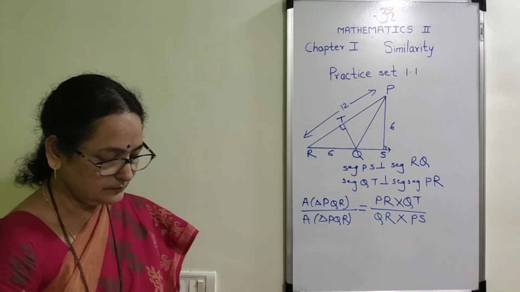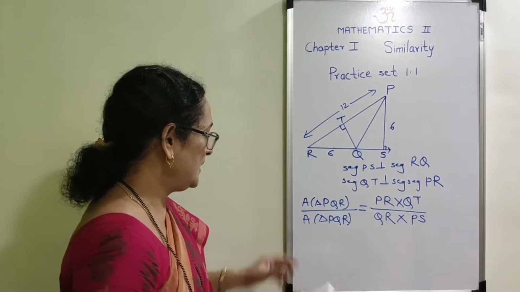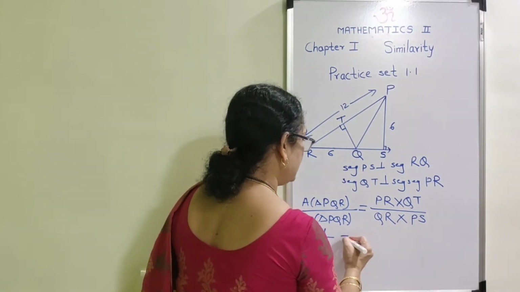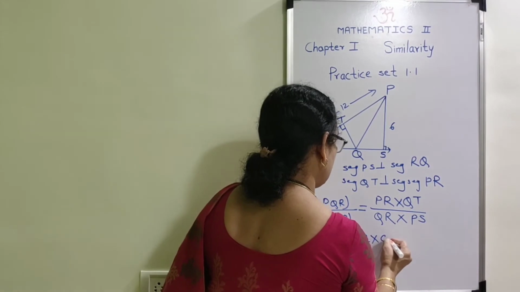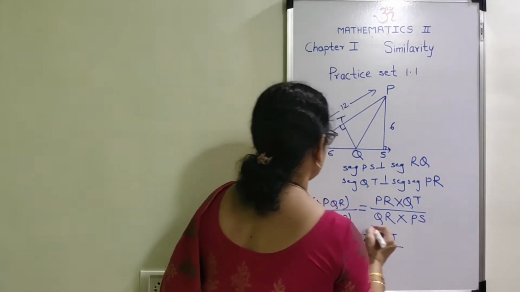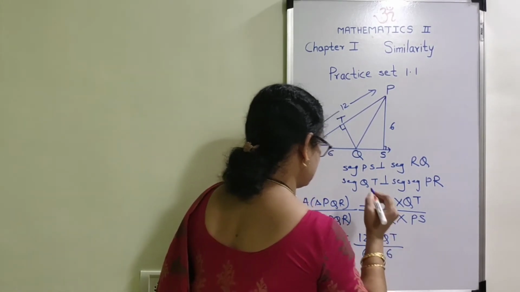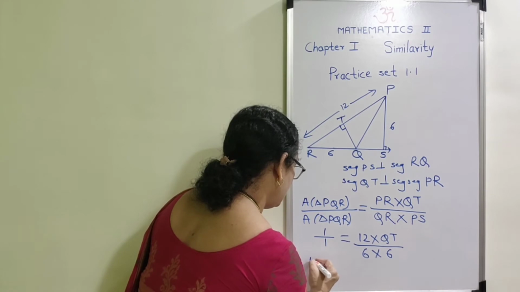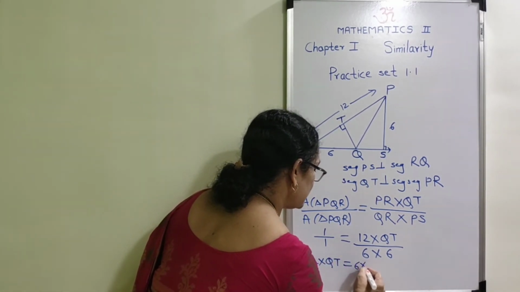Now, since both the triangles are one and the same, the ratio of areas is 1:1. That is equal to 12 into QT. QR is given as 6 and PS is again 6. Now cross multiply. I will get here 12 into QT is equal to 6 into 6.